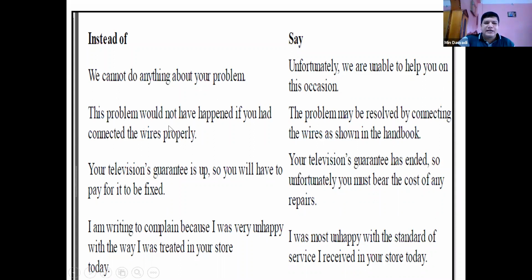This problem would not have happened if you had connected the wires properly.